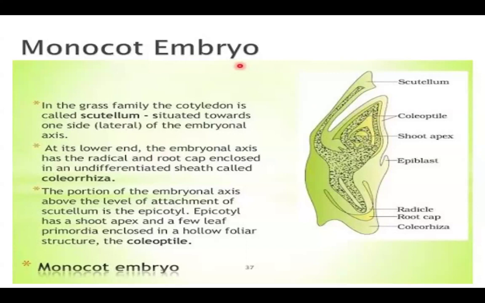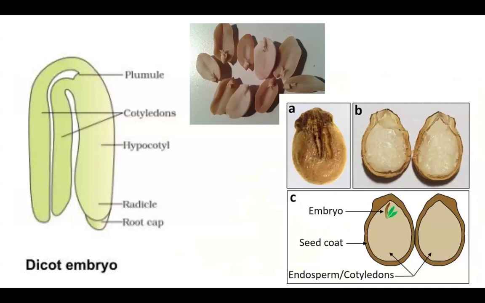The portion of the embryonal axis above the level of attachment of the scutellum is the epicotyl. The epicotyl has a shoot apex and a few leaf primordia enclosed in a hollow foliar structure called the coleoptile.